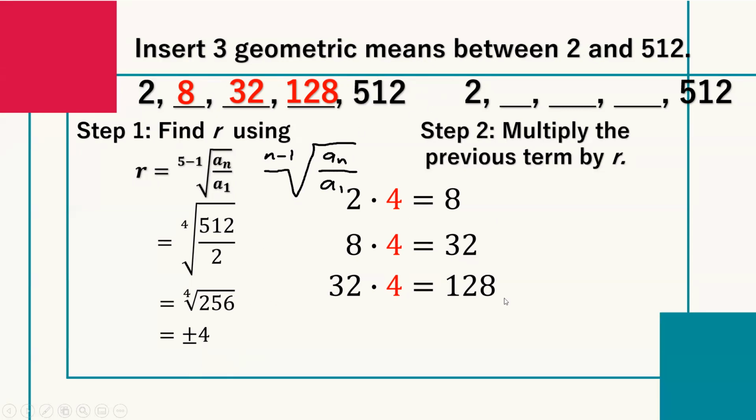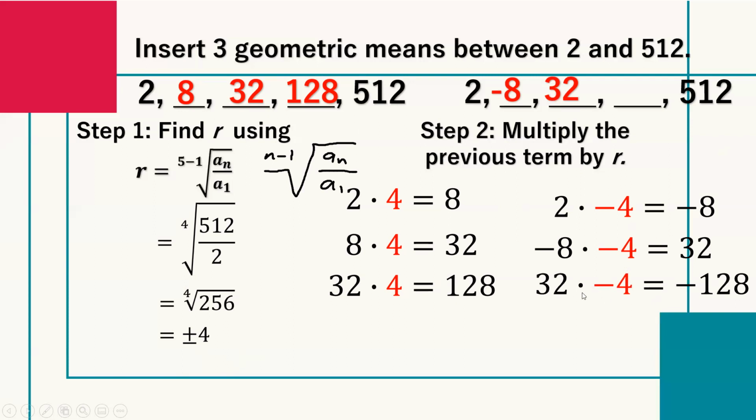Gamitin naman natin yung negative 4 na common ratio to get the second sequence. 2 times negative 4 is equal to negative 8. And then kapag minultiply natin ulit kay negative 4, magiging positive 32, times negative 4, that is equal to negative 128. Then kapag minultiply ulit natin by negative 4, magiging positive 512.